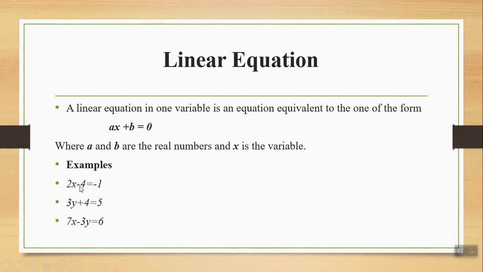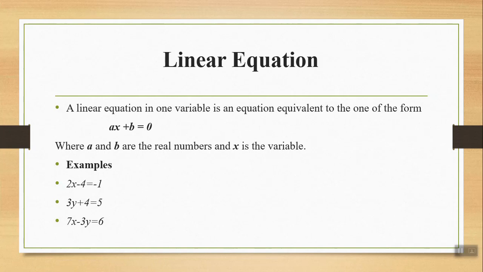Here you can see that the exponent of the variable is 1, because where in any variable no exponent is present, that means the exponent is 1. In the second example, 3y plus 4 equals to 5. Here the variable is y and also having power 1. In the last example, 7x minus 3y equals to 6.